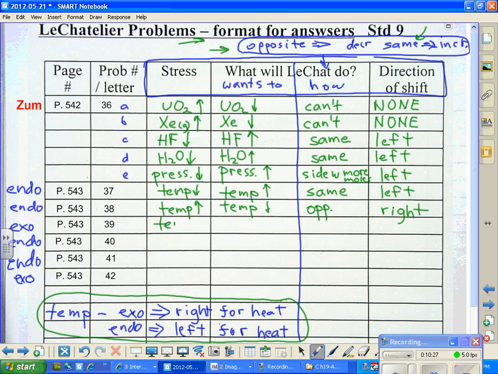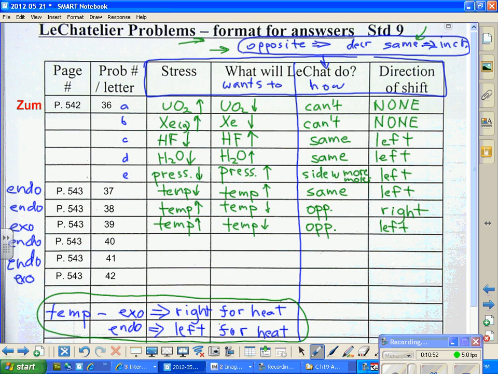So temp is up, and Le Chatelier, of course, wants temp to go down, and going down is going to be opposite, and the heat on an exothermic reaction is on the right. Opposite of right is left, and that's the direction that Le Chatelier will shift this reaction.